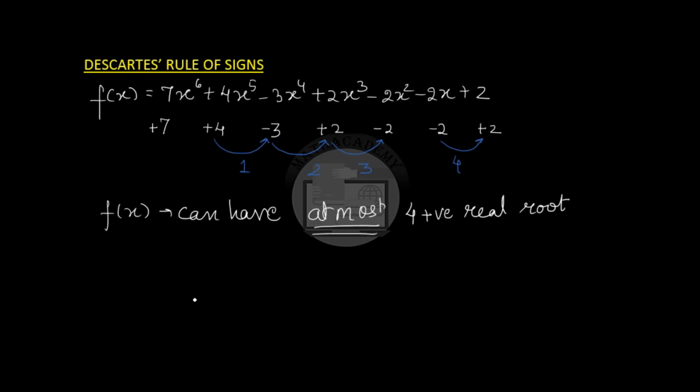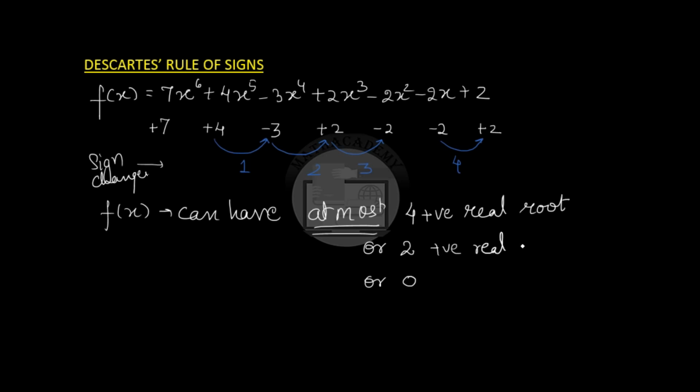A function can have a positive real root or a negative real root. So to determine the positive real roots, we have to figure out the sign changes in f of x. So at most 4 positive real roots, or it can have 2 positive real roots, or it can have 0 positive real roots.